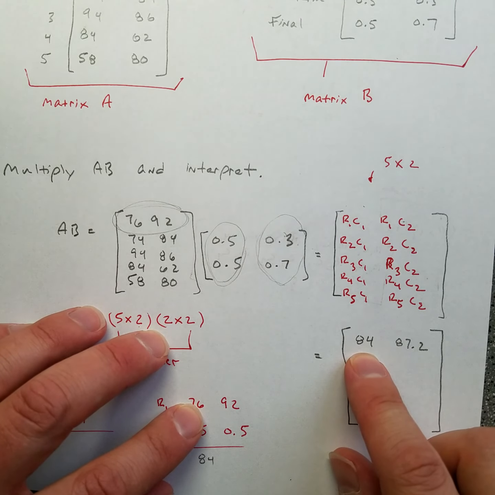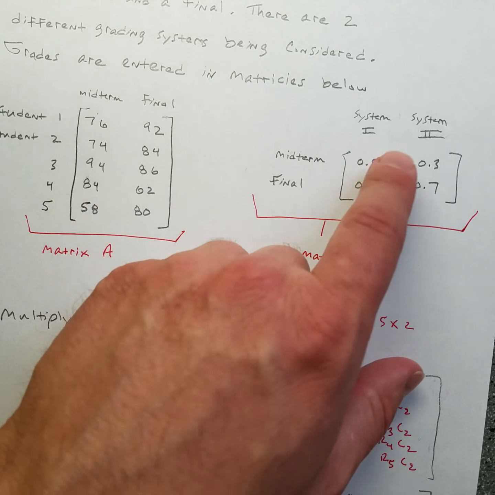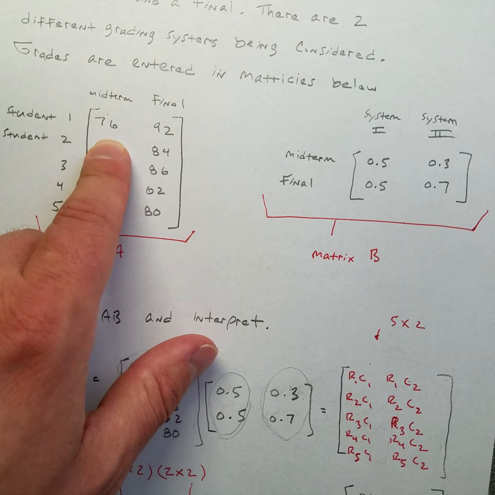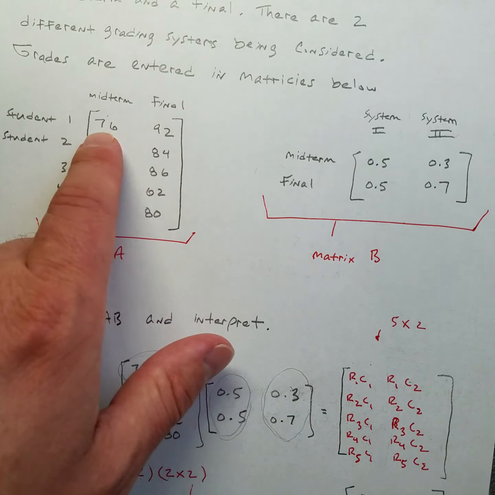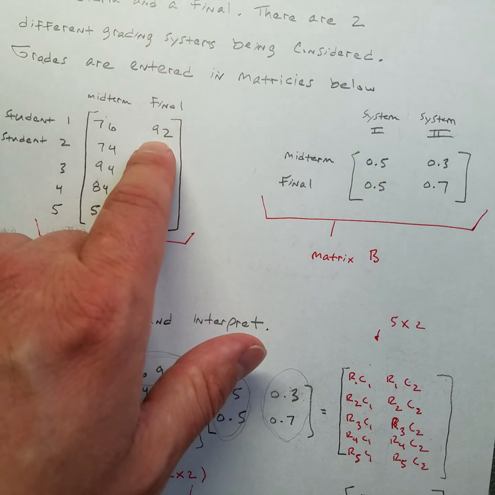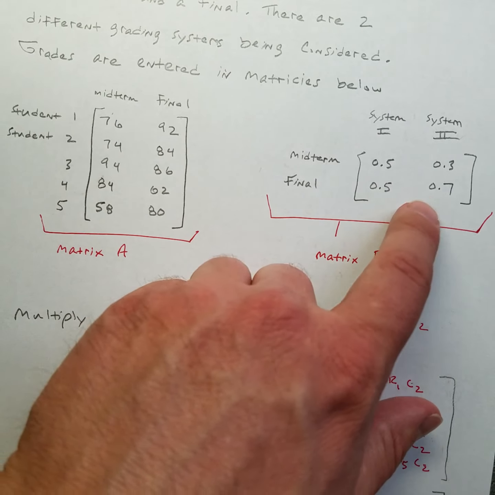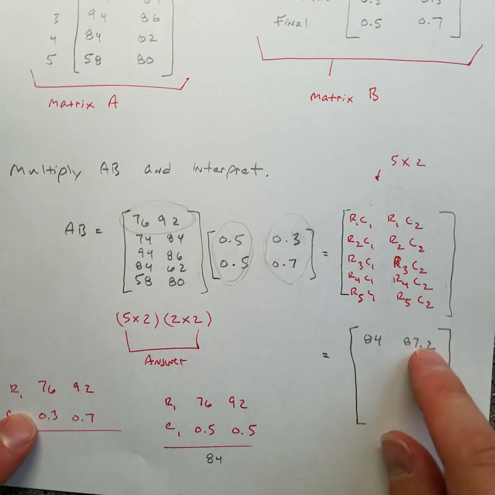That would give 84. But under System 2, that same student, what would the grading be if the midterm was 30% and the final was 70%? We would say 0.3 times 76 plus 0.7 times 92.